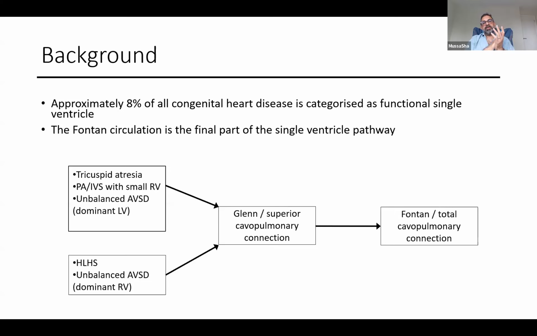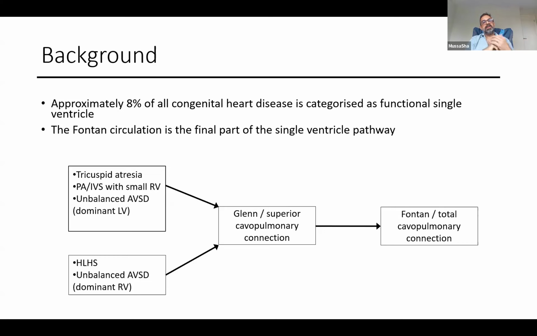Whereas those with an inadequate left side will undergo essentially a Norwood operation in order to secure systemic blood flow and also pulmonary blood flow, but via some sort of either RV to PA conduit or BT shunt. So that's the first step of the single ventricle pathway.